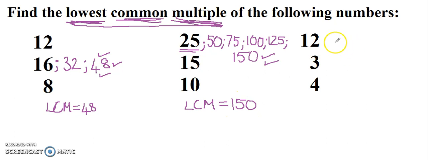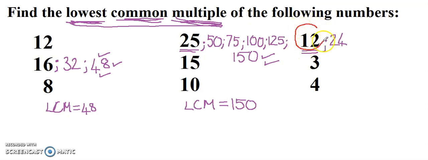Okay, with the last one, we're going to start with the highest number, and we're going to see which numbers fit into the lowest common multiple. Now 12 times 2 is 24. Do you see? I'm trying to trick you.